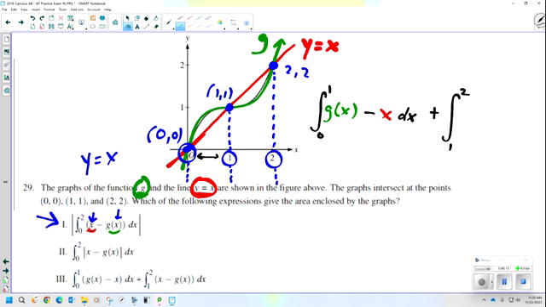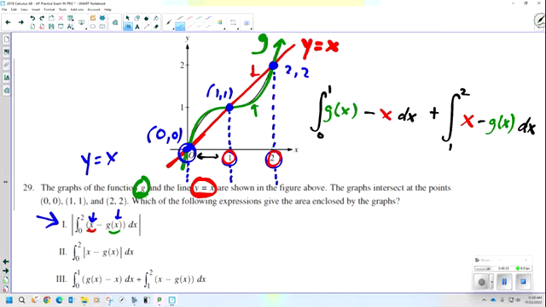Now the red line is on top, so that's the bigger function, minus the green line, which is below. See how the green line is below the red line from 1 to 2? That's g of x, and then we have dx here.